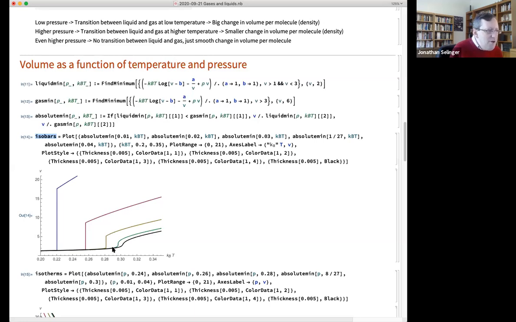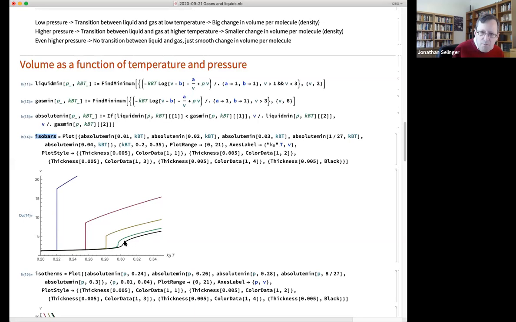Okay, and then if we go to an even higher pressure, there is no more vertical slope. Now we go along and the volume's increasing, and now it increases faster. There's some point of inflection, and then it increases slower. So there's a point of inflection here, but there is no vertical slope, right?